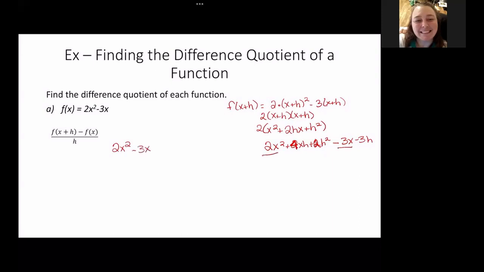I'm going to put my like terms together, plus 4xh, right? Plus 2h squared minus 3h. And from all of that, I want to subtract 2x squared minus 3x. Well, I've got that here, and I've got that here, so I can get rid of that.